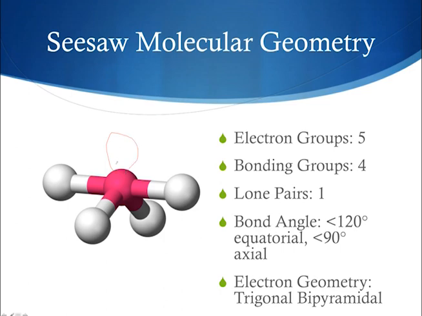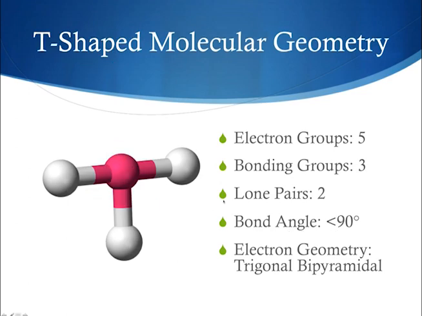But it's kind of pushing everything out of the way and creating this seesaw. Fun name, right? So our bond angles are a little bit less than before. So our angles here are going to be less than 120 degrees, and the angle from this guy to this guy and this guy to this guy, those are going to be less than 90 degrees.